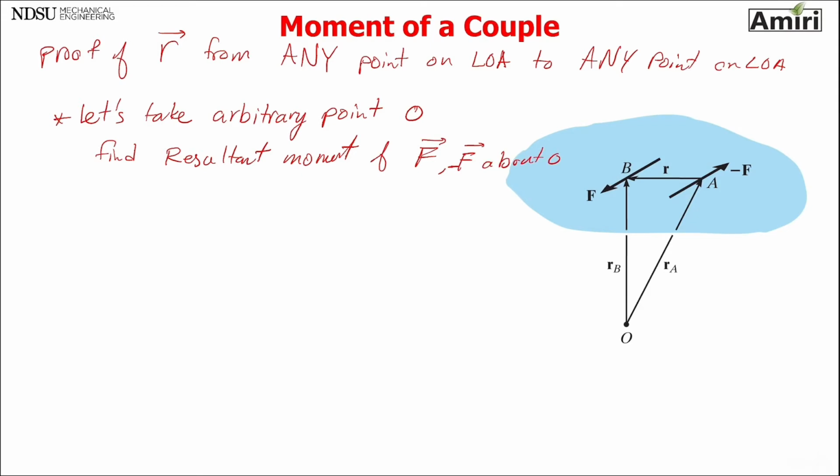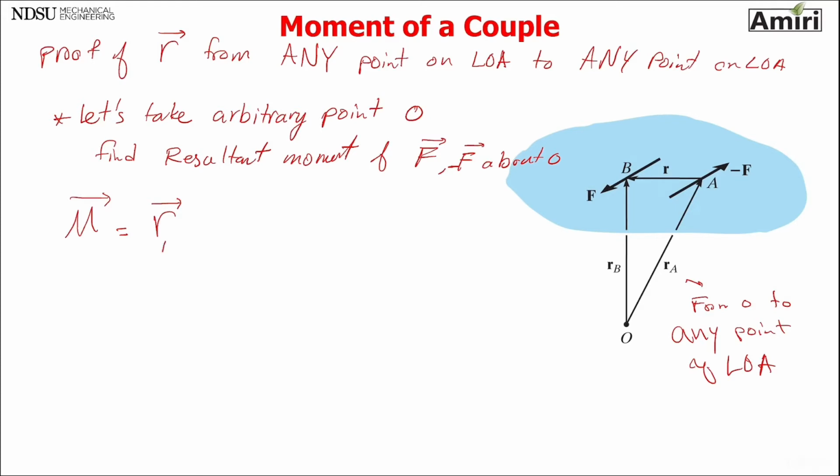So my moment in vector form is going to be from O to any point on the line of action, right?